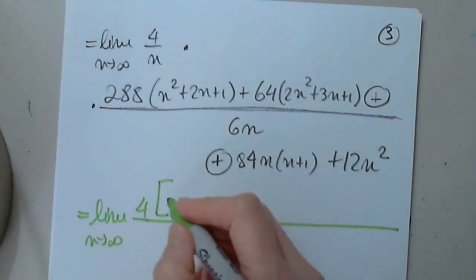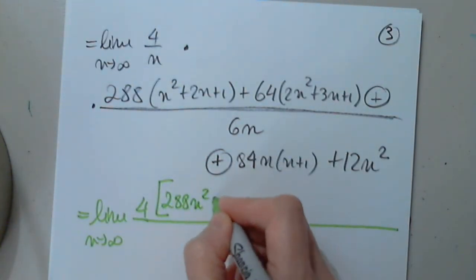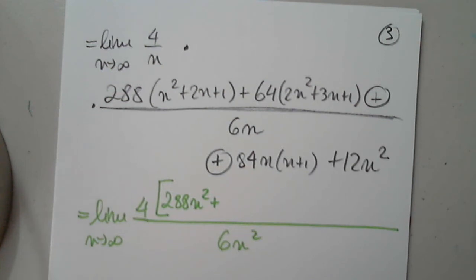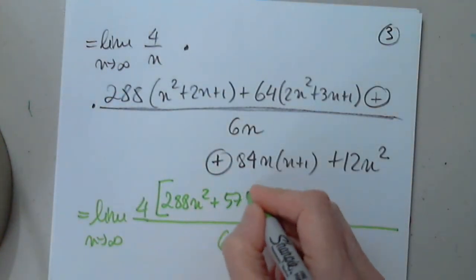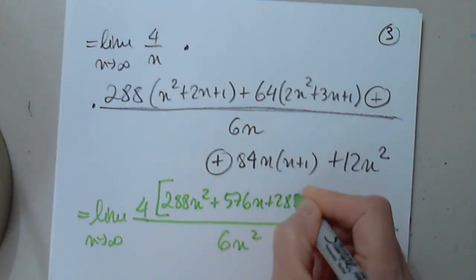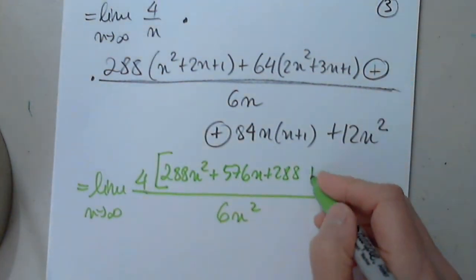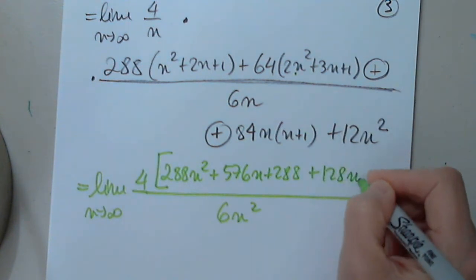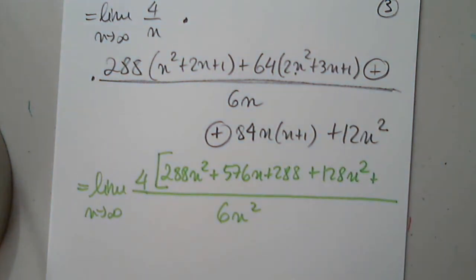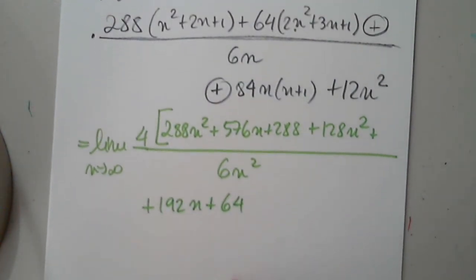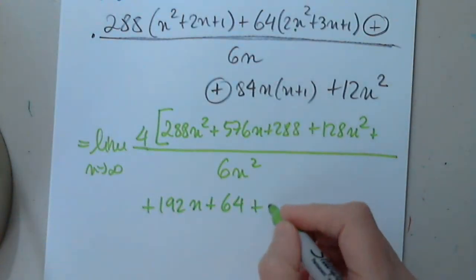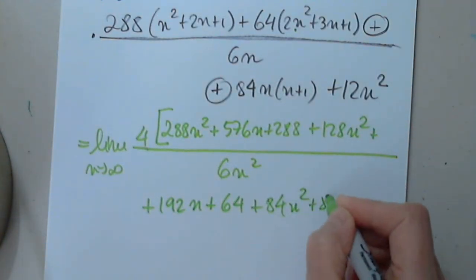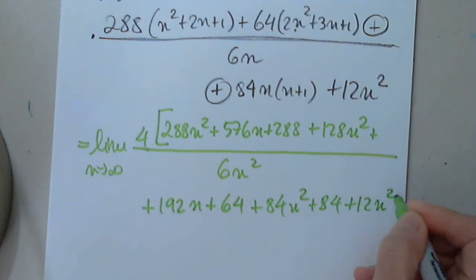Okay, 288n squared plus 288 times 2, 576, n plus 288 plus 64 times 2, 128, n squared, plus 64 times 3, 192, n plus 64, plus 84, n squared, plus 84, plus 12n squared.